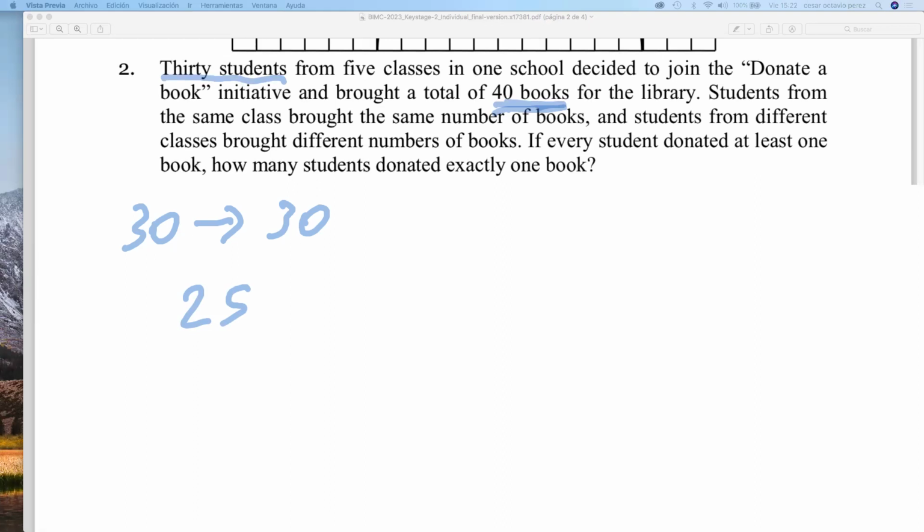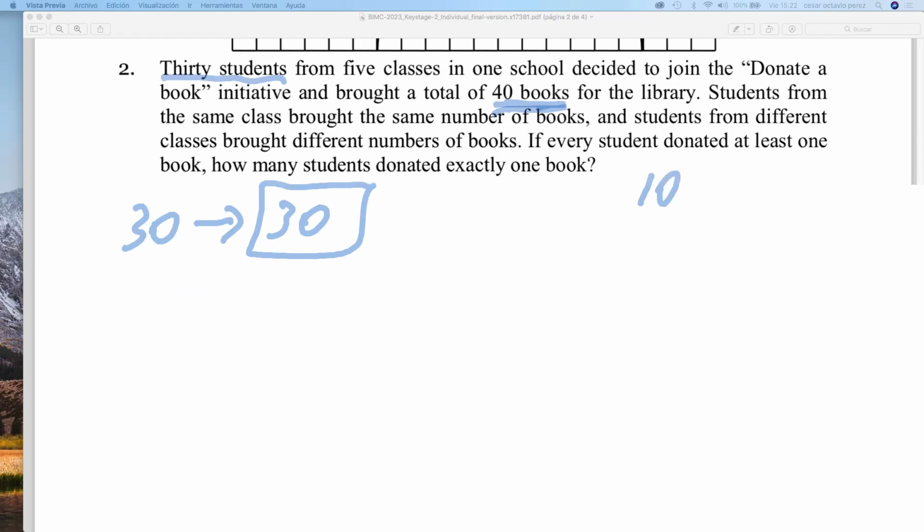No, I think it's 26 because if every student donates one book, we will get 30. So we need them to donate 10 more books.